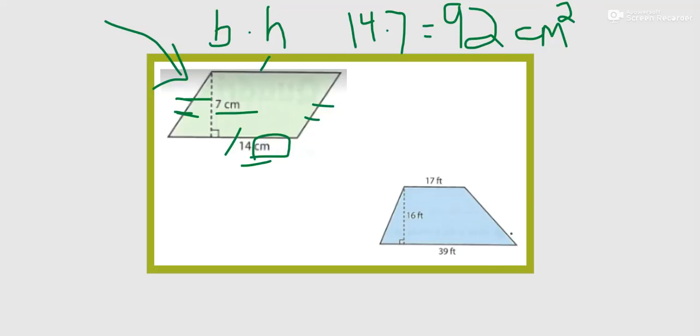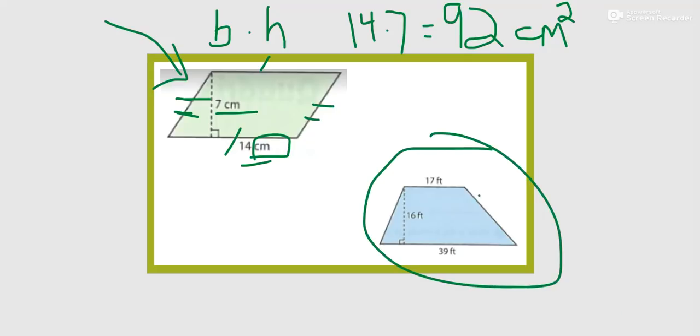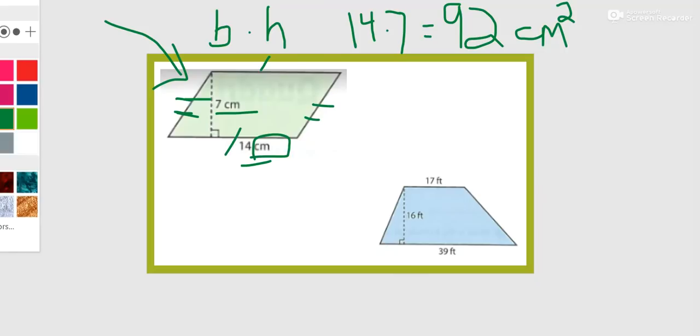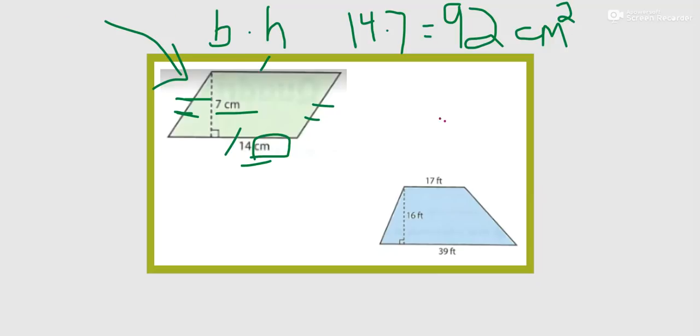Our next one is our trapezoid. And if you remember, our trapezoid was 1/2 of our height times our base 1 plus our base 2.